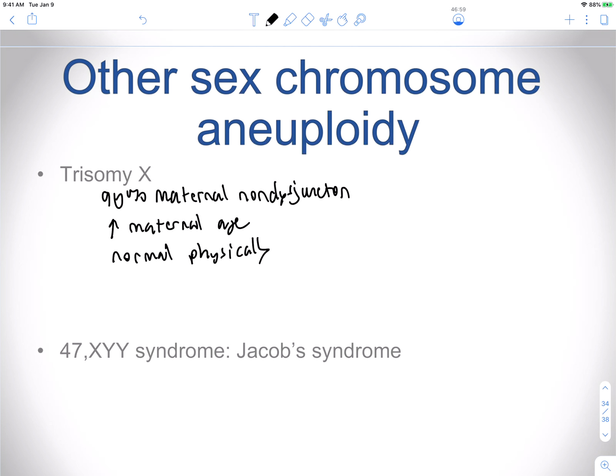You're going to see females with 4 and 5 X chromosomes, and the more you increase the X's, the more the intellectual disability will increase.